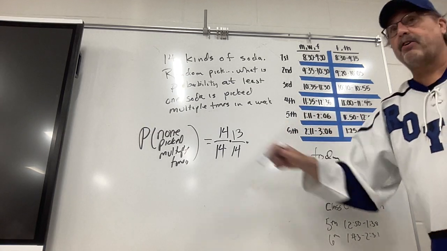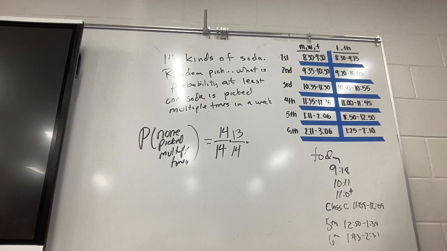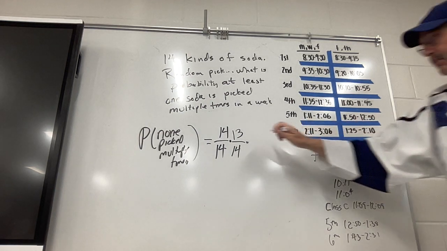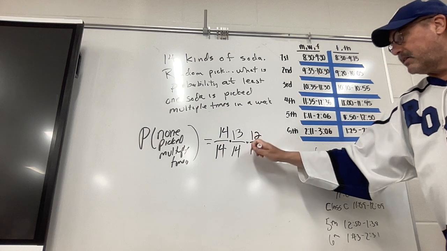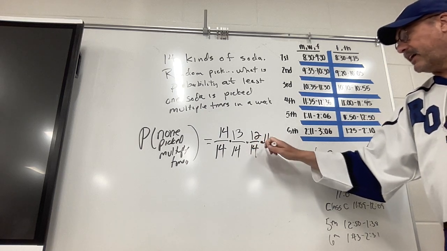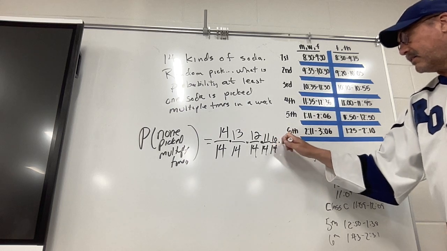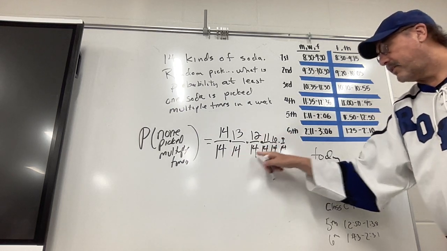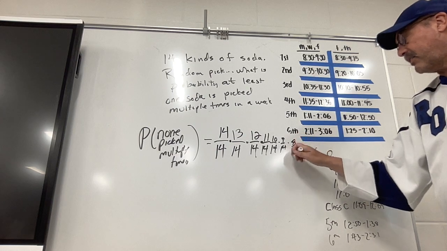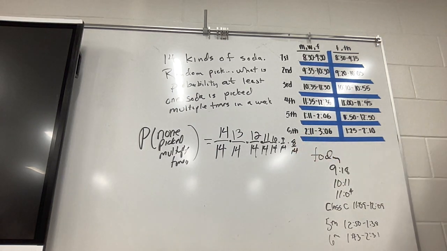Okay, here comes the third day. We're wondering if we pick one that's not been picked before. How many kinds of soda have not been picked before on the third day? 12. The next day, 11. We're getting the idea. 10, 9, 8. So on that last day, there are 8 sodas that could be picked that haven't been picked before.